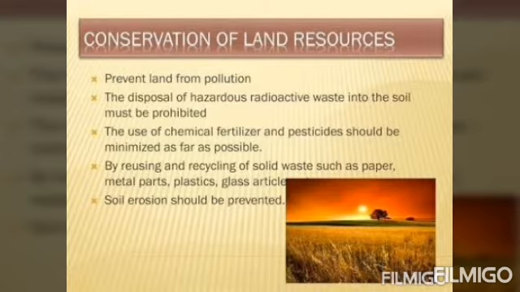The use of chemical fertilizer and pesticide should be minimized. Reuse and recycle solid waste such as paper, metal parts, plastic, glass articles. And the last one is soil erosion should be prevented.